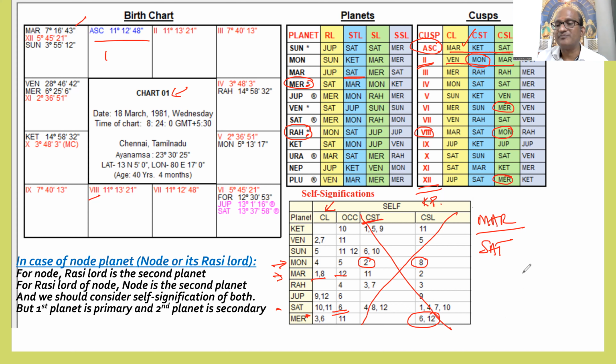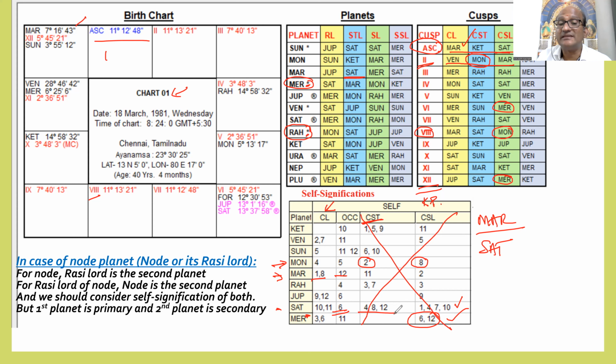But whereas definitely Mercury will be a significator for 6 and 12. Saturn will be significator of 1, 4, 7, and 10. And Saturn is also significator of 4, 8, 12 as cuspal star lord. We are talking about sublord theory, but we are taking only cuspal lord in the signification.